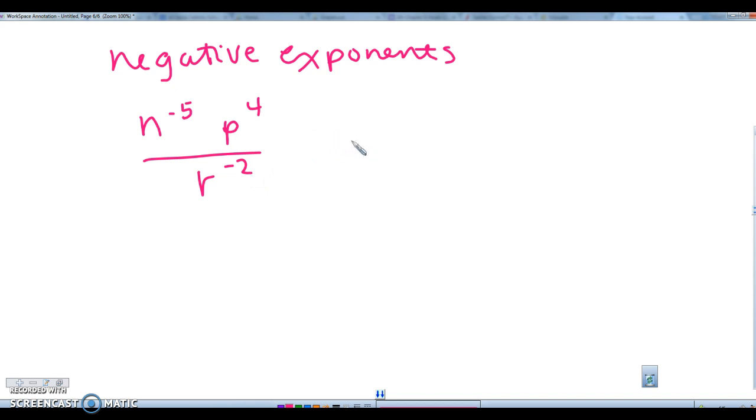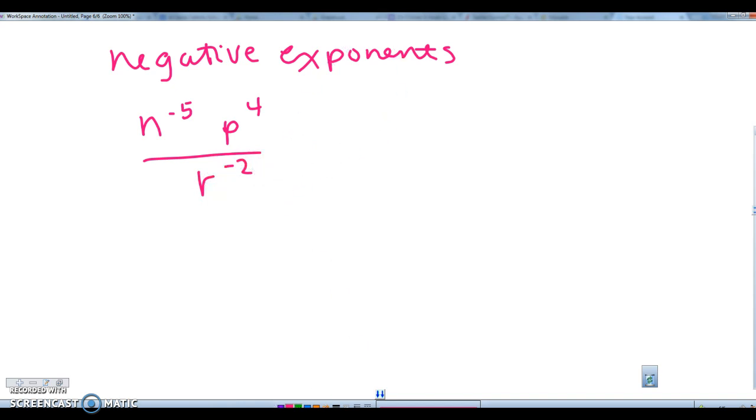Anything that's in a negative should go, like if I have a negative in my numerator, I put it into the denominator and it becomes positive. So I can move it to the other side of the division or the fraction and it becomes positive. Likewise, this r to the negative 2 in the denominator, if I move it to the numerator, it now becomes positive.